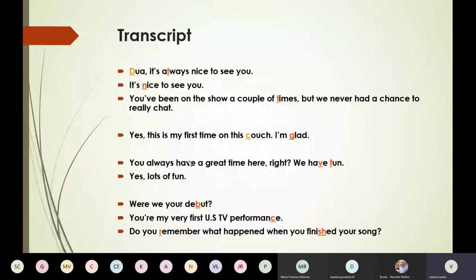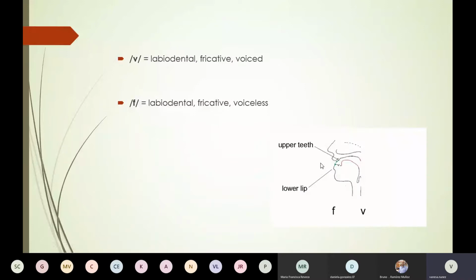The next two consonant sounds are V and F, which both of them are labiodental. And what does this mean?